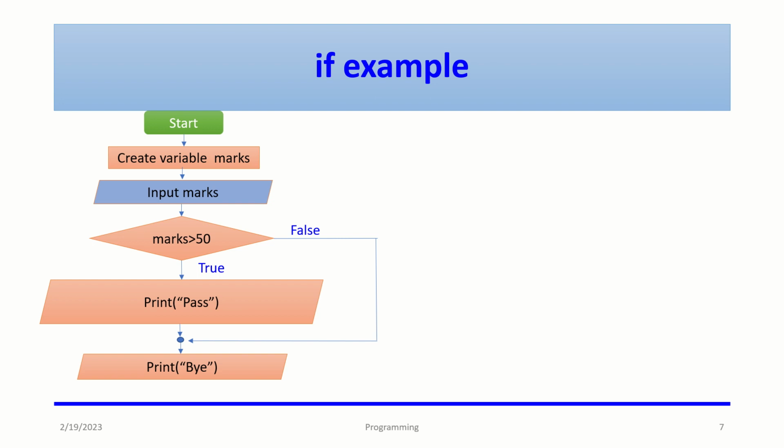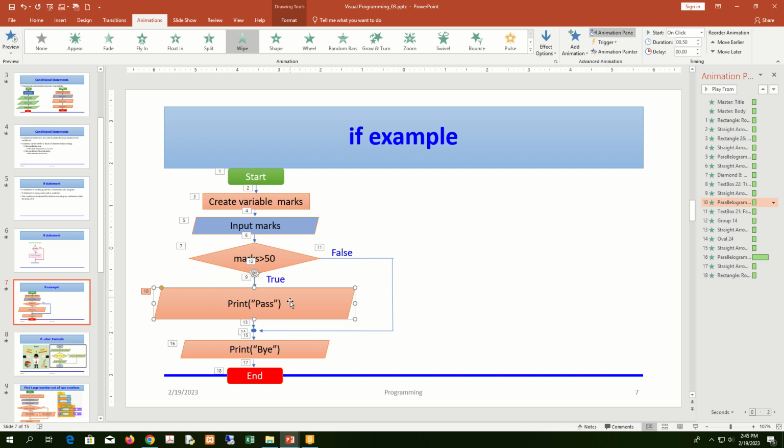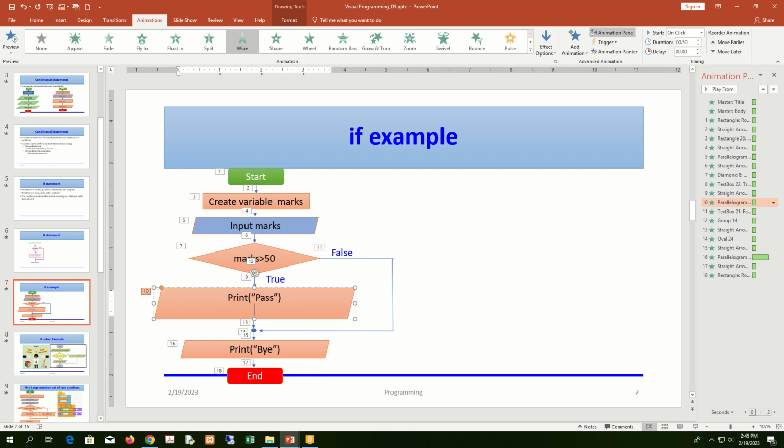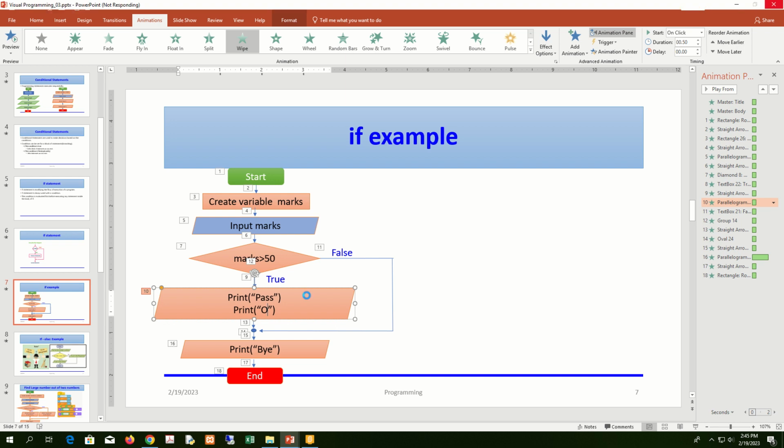If you want, we can output two messages, like print pass and let's say print another message, print good. So in here we can have two statements. Print good. So we can print two messages, because if it is true, we can execute a set of statements rather than only one statement.